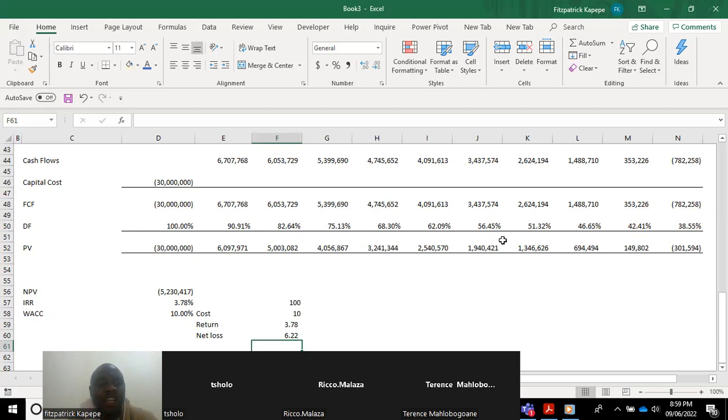So why did you even bother to go and borrow 100 rands and invest in this particular project? You're only able to generate a return of 3.78, yet you're paying FNB interest of 10 kwacha, or 10 rand, sorry.